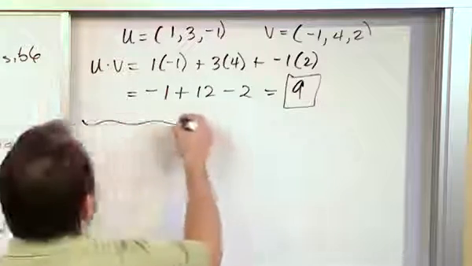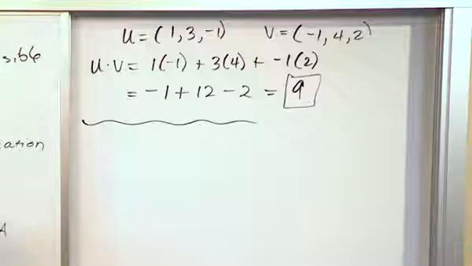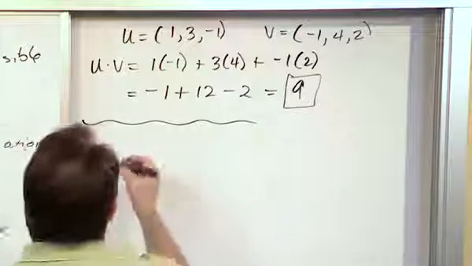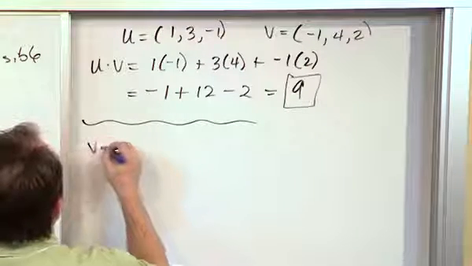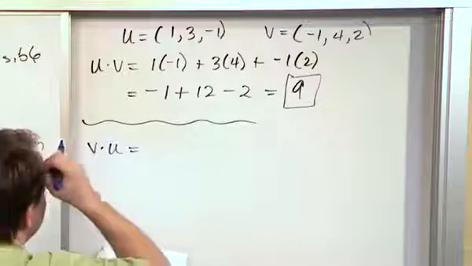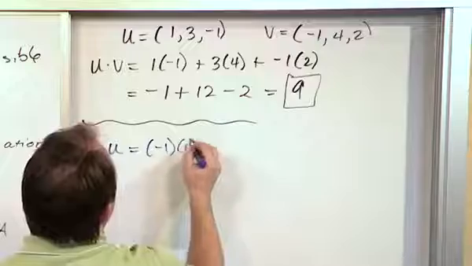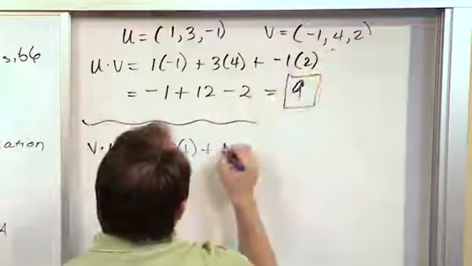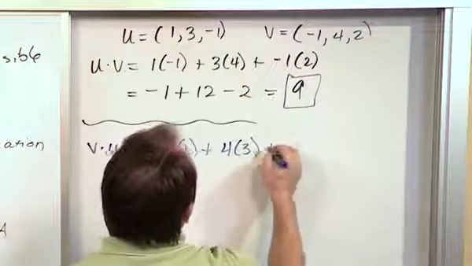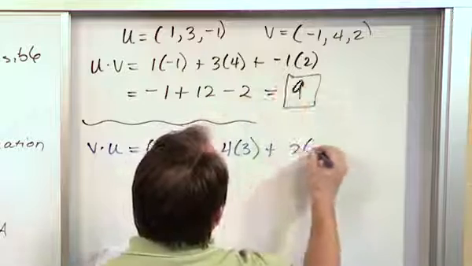And notice also that if I go backwards, I get the same result in this particular case. If I do v dotted with u, right, then I go backwards and go the other direction. I'll go negative 1 times 1 plus, going backwards this way, 4 times 3, plus, going backwards this way, 2 times negative 1.